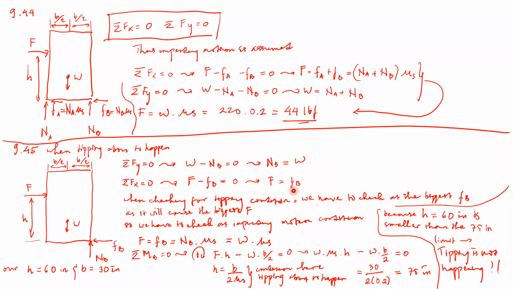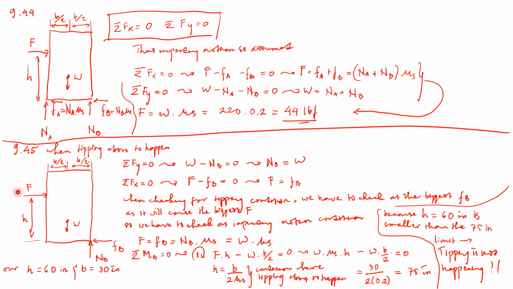Then when we want to check for the tipping condition, which one will give you a worse tipping condition? When F is bigger or when F is smaller? Can you answer me? When F is bigger, Pak.